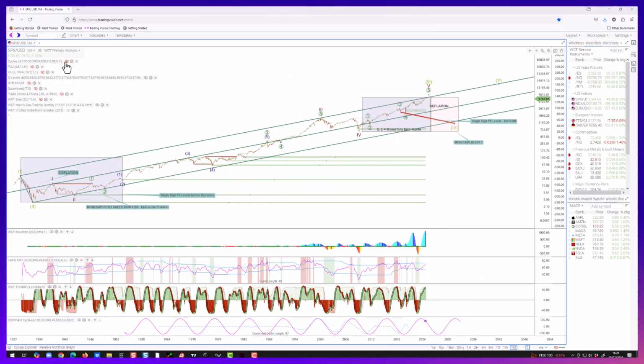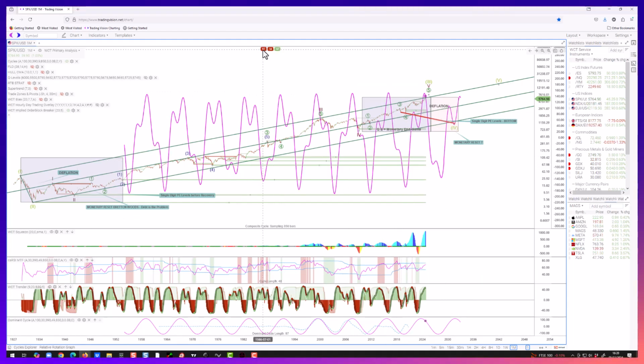Now, if we add a composite, which is showing that 97-month cycle, you can see it's shaded red, so it's saying that that's already in a down phase. The 34 period, which is a 3-to-1 harmonic, is also suggesting that it's peaked, but the 48-month period cycle has not yet peaked.